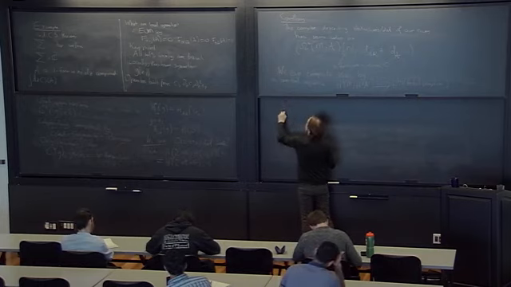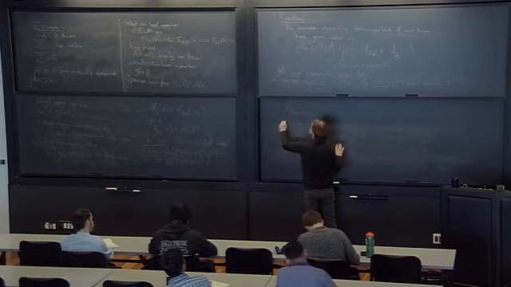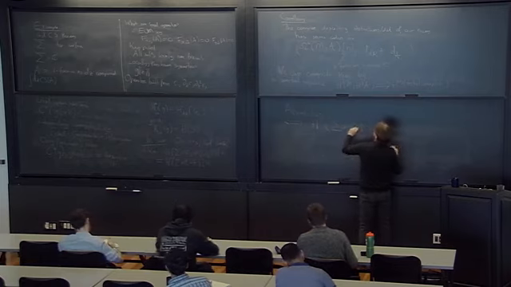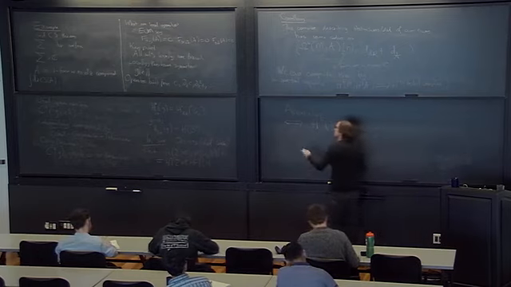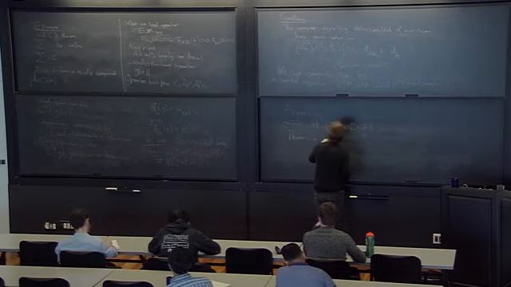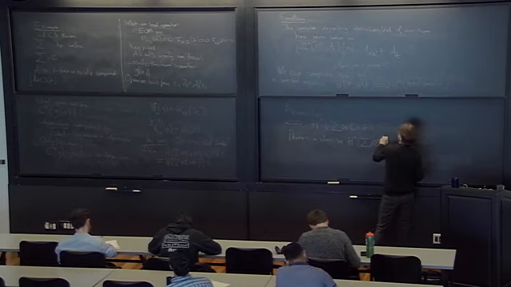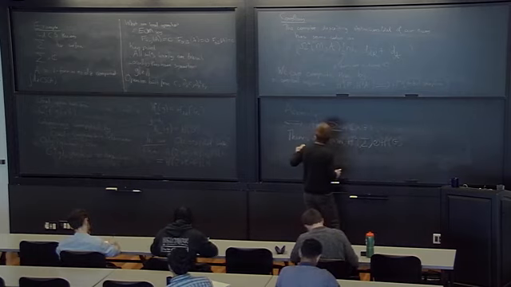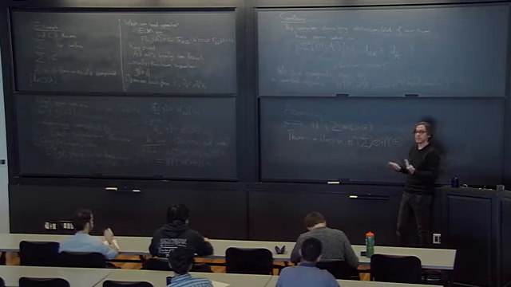So we see anomalies in H5 of sigma cross C cross G. And if sigma is a Riemann surface, there are elements there. So there's a class in H2 of sigma tensor H3 of G, because this is one-dimensional, and this is also one-dimensional, so there is a potential anomaly.